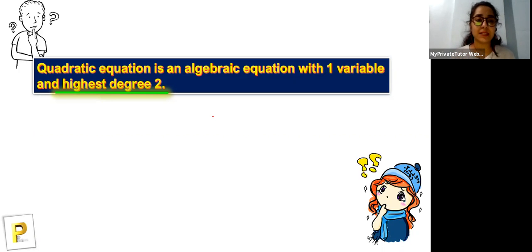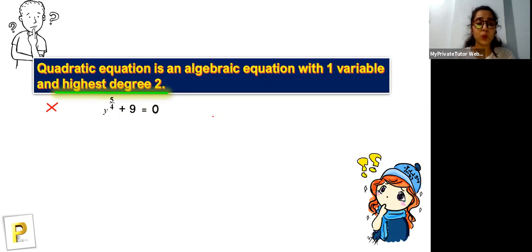Let's see some examples and identify whether these are quadratic equations or not. Here your question is y to the power 5 by 4 plus 9 is equal to 0. What is the first thing you have to see? Is it an algebraic equation? Yes, it is. You can see the equal to sign. Second thing, do you have one variable?